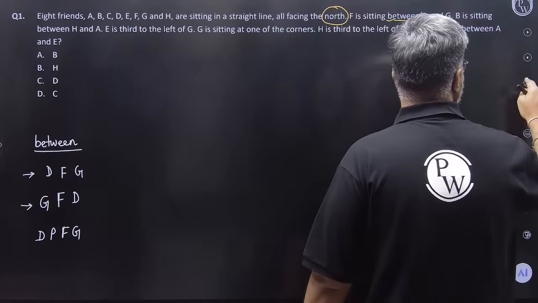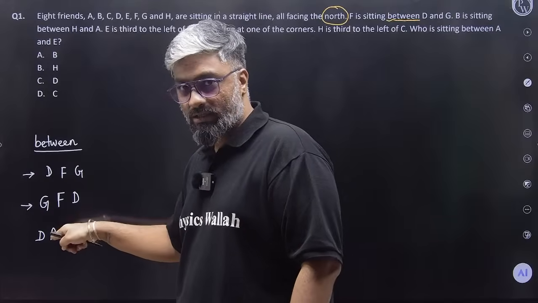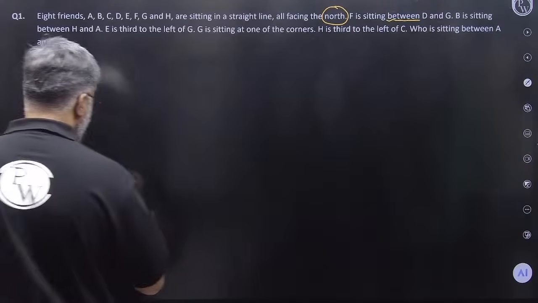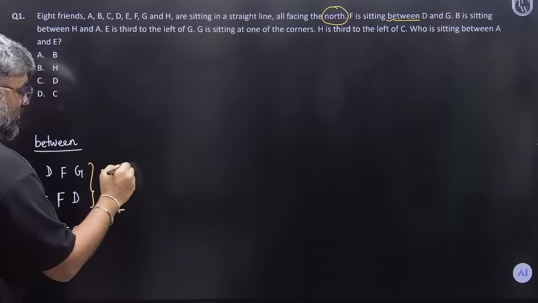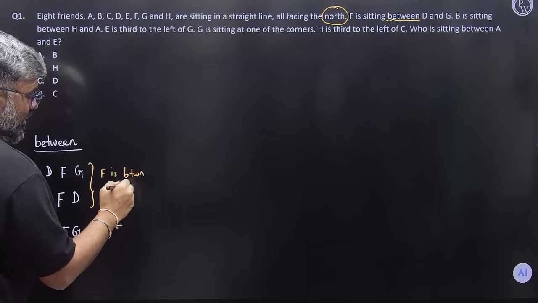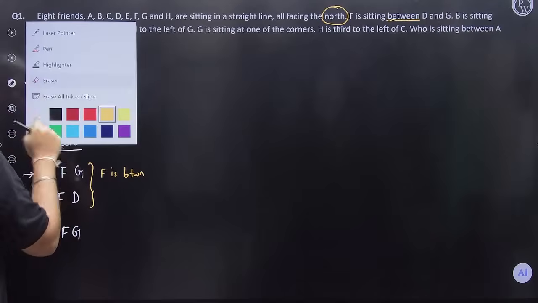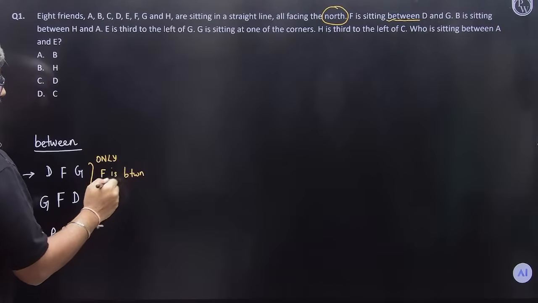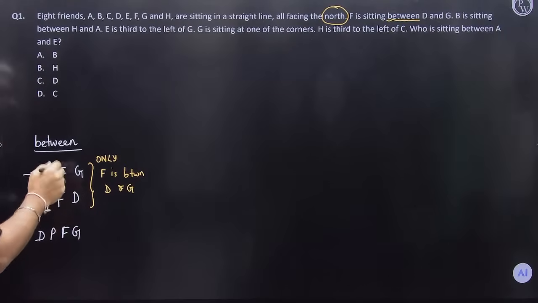There is a specific way in which they can talk about this situation and for this situation as well. So when they say that only F is between D and G, then you will go for this for sure.